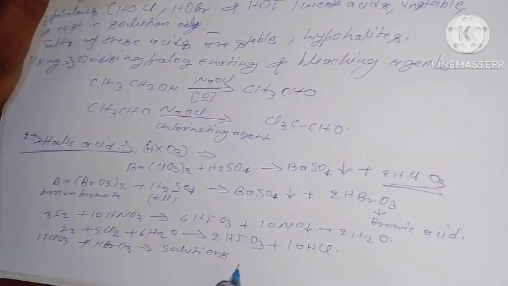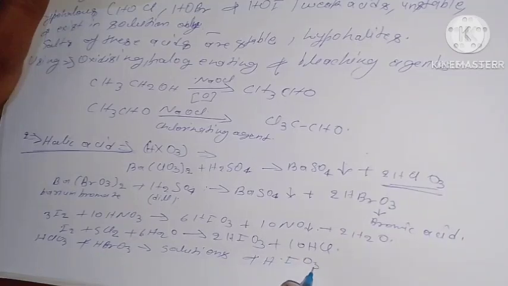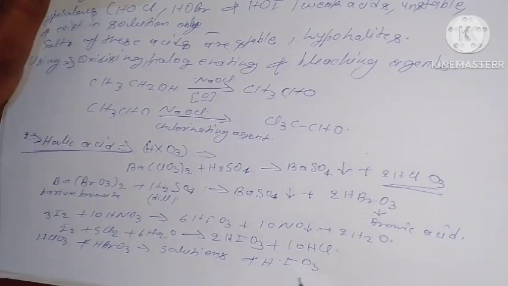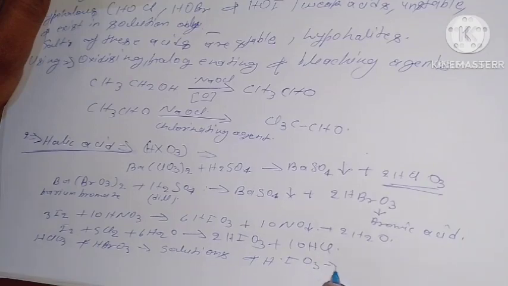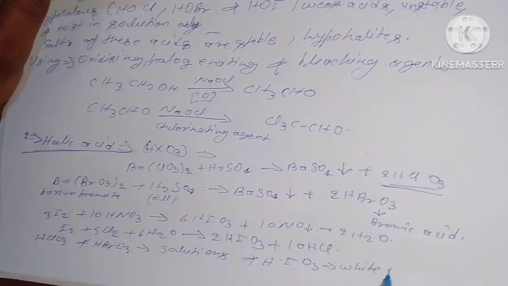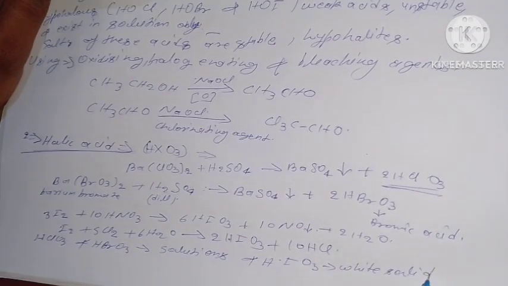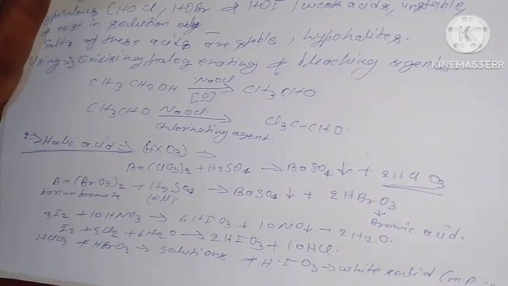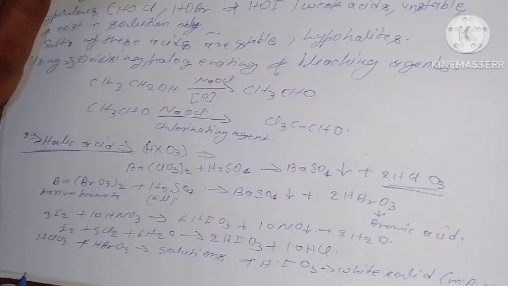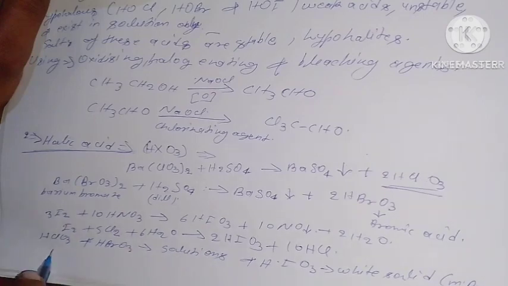whereas HIO3 is present in the form of white solid, melting point 110 degrees Celsius. The stability of this acid increases with increase in atomic number.